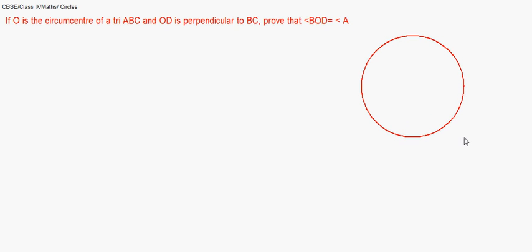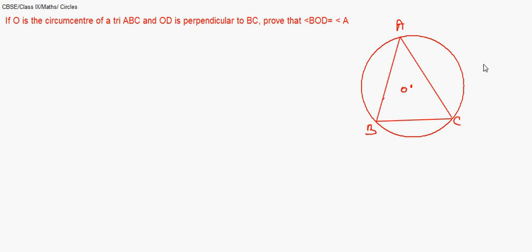I want to draw O. This is a circumcenter. Now I need to draw the triangle ABC. I hope this O, which is the center, is imaginary drawn and it looks like the circumcenter. This I'll mark as O, and my triangle is ABC.